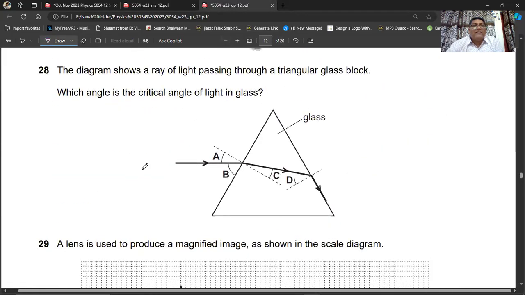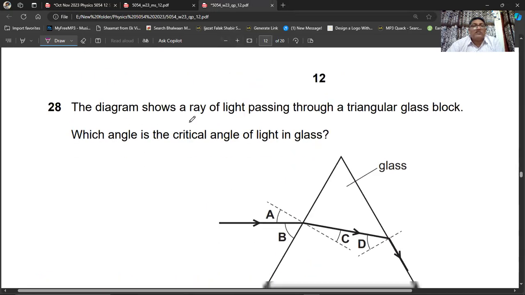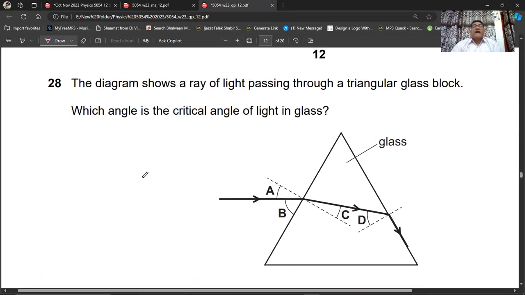So here we have another question, and that question says, the diagram shows a ray of light passing through a triangular glass block. Which angle is the critical angle of the light in the glass? Critical angle is that angle of incidence in the glass, or the dense medium, for which the angle of refraction in the rare medium is 90 degrees. So that angle of incidence is this one.